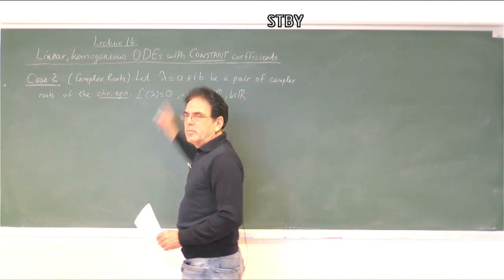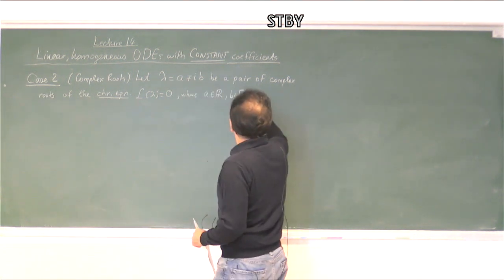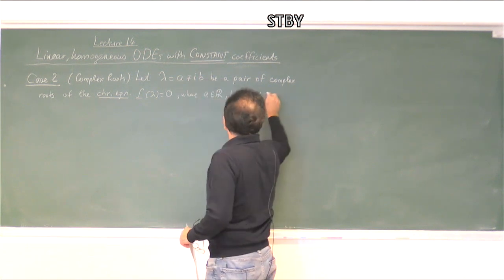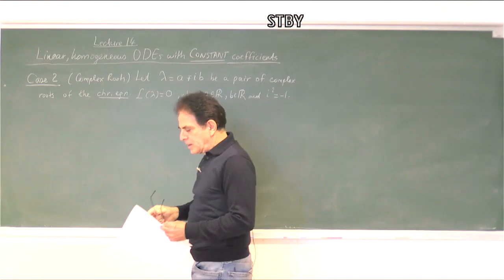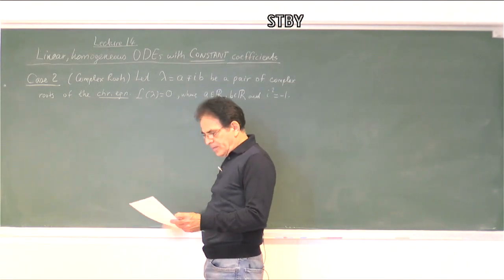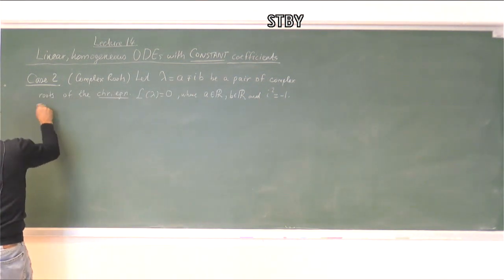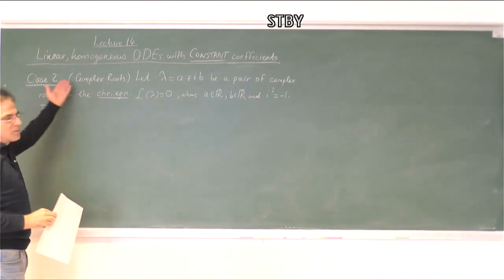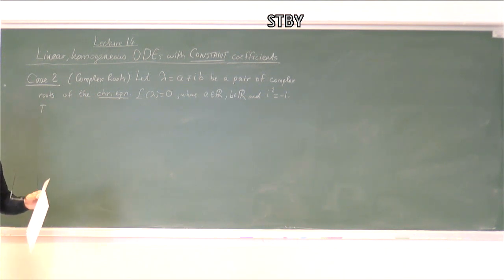Real and imaginary parts of a complex number are both real. And i stands for the complex unit, so i squared is minus 1. Of course, these cases may be stated as theorems. Okay?